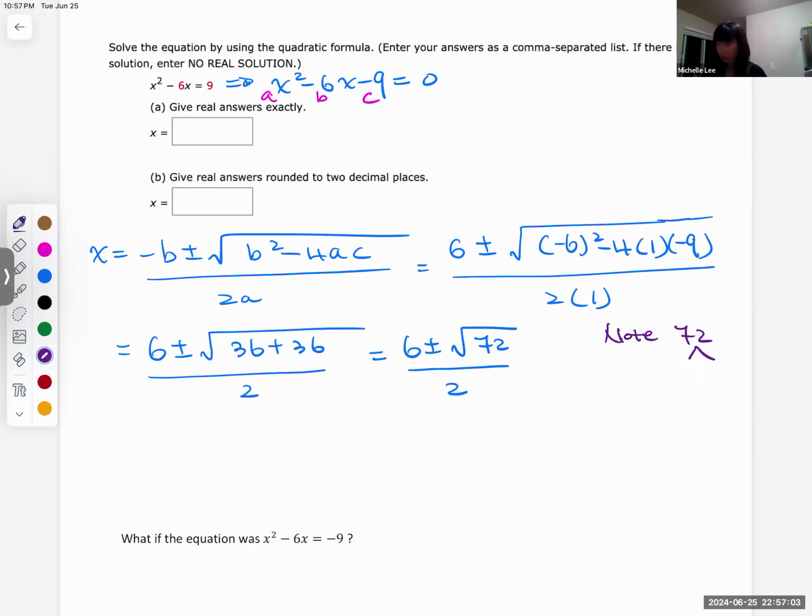So we have 72. Let's make it 2 times 36, and then 36 is 2 times 18, and 18 is 2 times 9, and how about 3 times 3, right? So 2 out, 3 out.